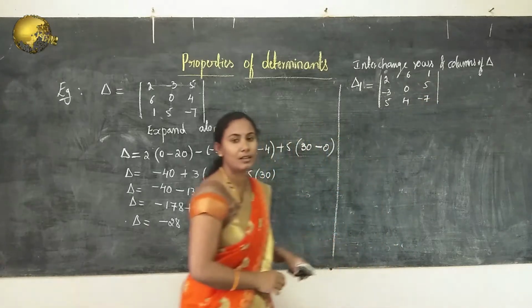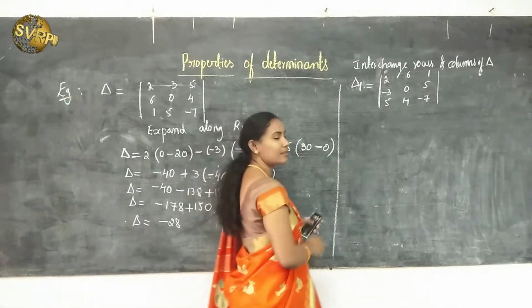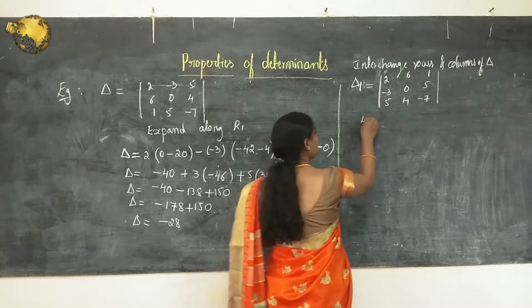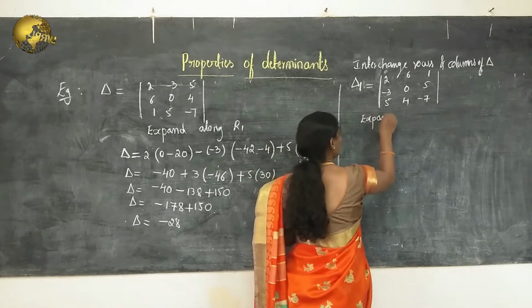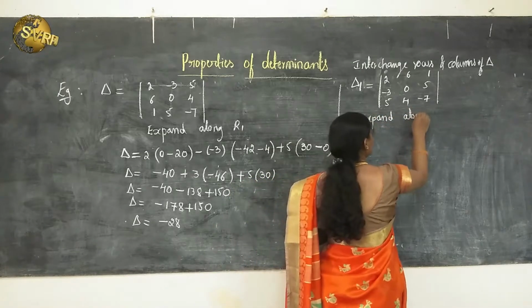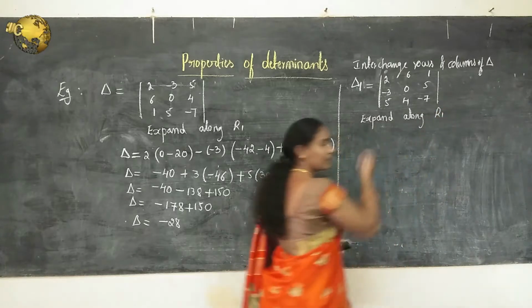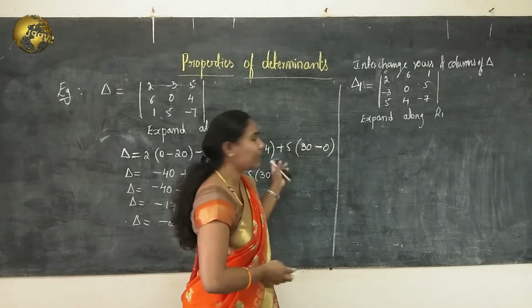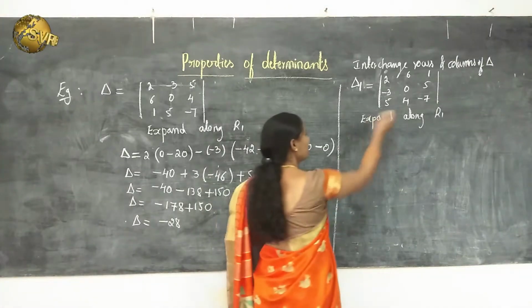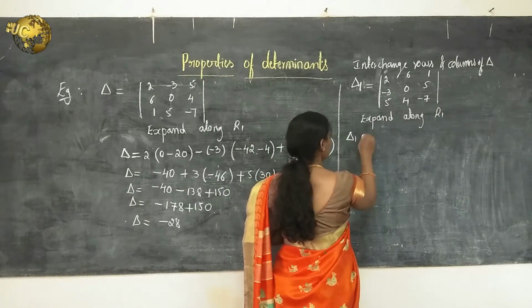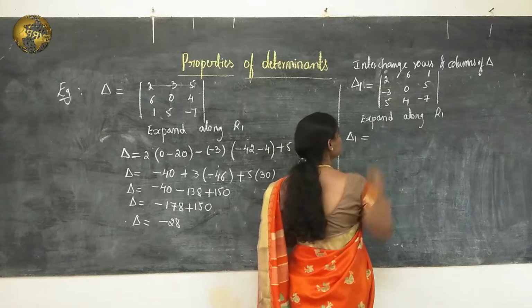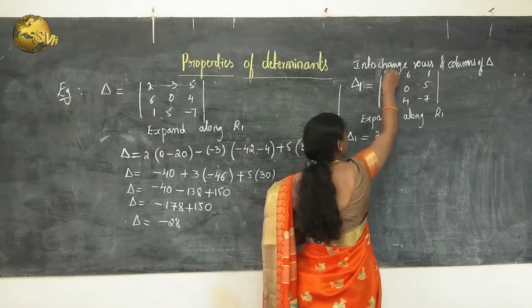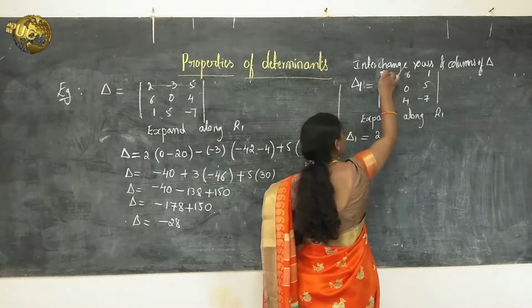Okay. This is our delta 1. Now we will expand this either along row 1 or row 2. So I will expand along row 1 only, or you can take column 1 also, because here we will calculate the value. So no problem, I will expand it along row 1 only. So delta 1 is equal to 2 into, the row 1 is plus minus plus, the position signs.